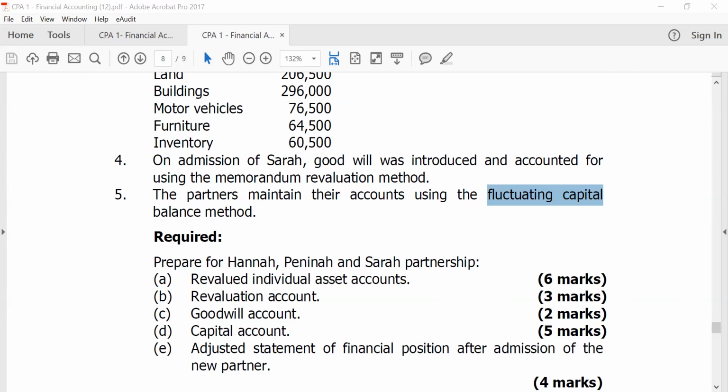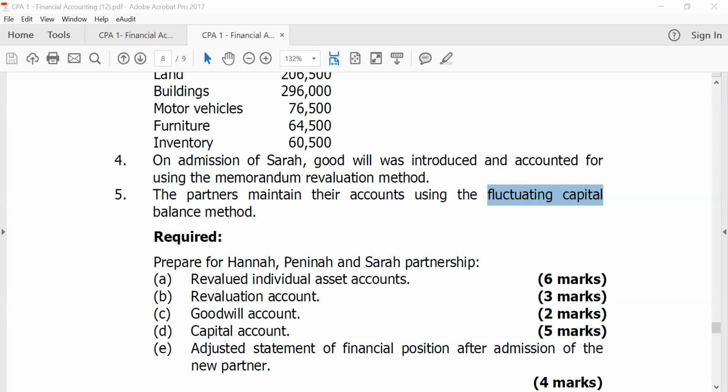So in this case, since they told us to use the fluctuating method, we shouldn't have a current account. All the details that would have gone to the current account should be put into the capital account. So our capital account should be a general account.